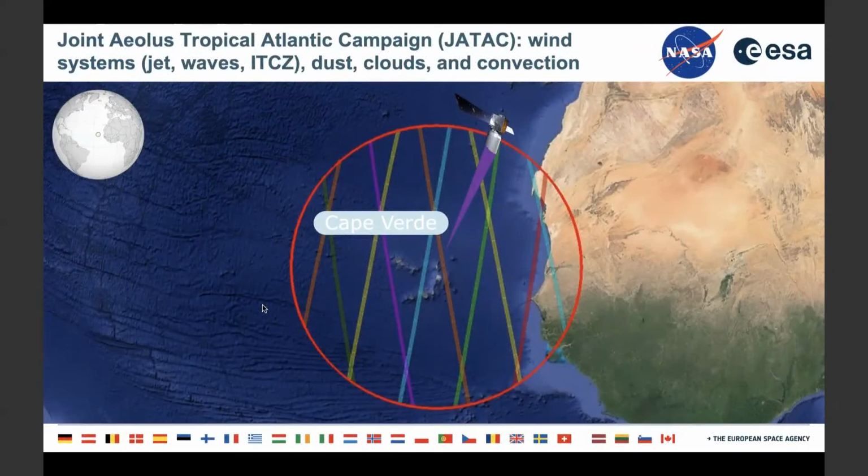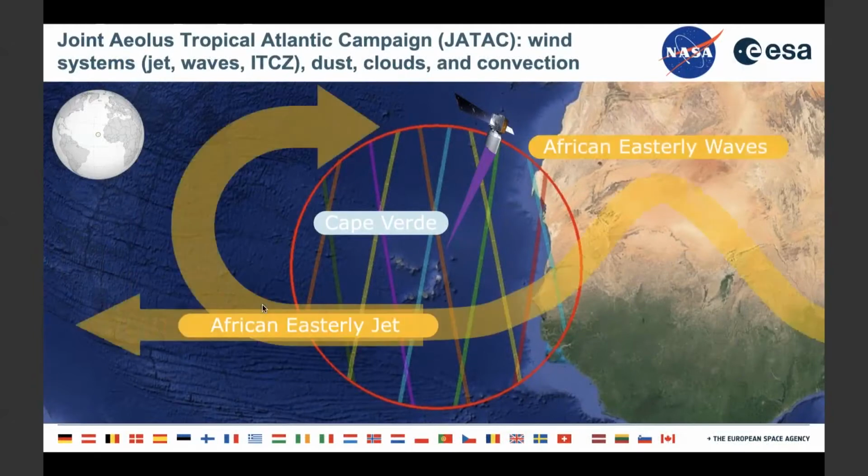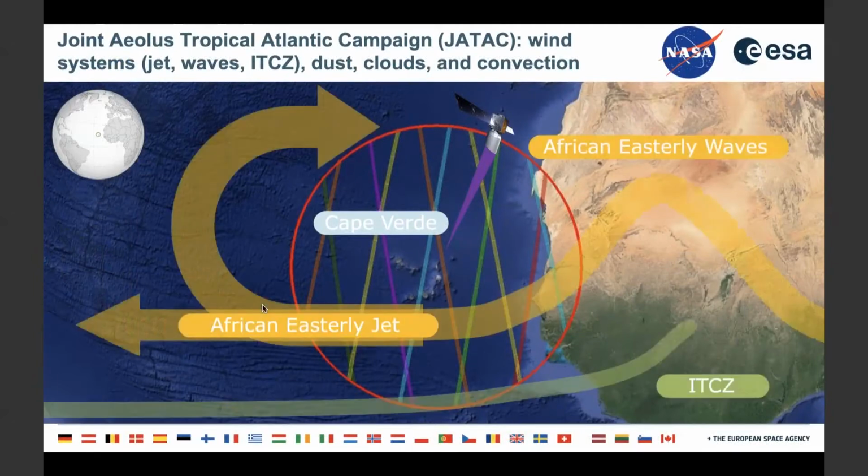The large science objective of this joint Aeolus Tropical Atlantic campaign, JATEC, has quite a bit of common interest from several different countries. We're interested in the easterly wave and jet structures, the ITCZ itself, trade winds and so on. Not only regional, they all have a global implication for these physical processes, as we're really focused on process study itself.